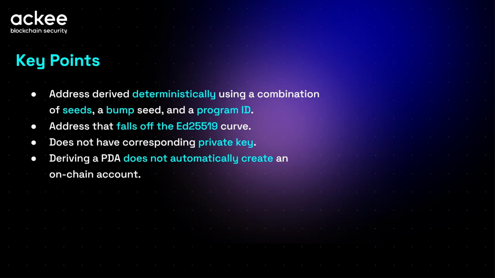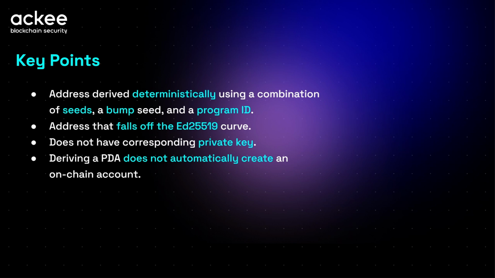So what are the key points you should take from this part? The main idea is that the PDA is an address derived deterministically using a combination of seeds, a bump, and a program ID. So again, if you create the regular key pair, this is just a random private key and its random corresponding public key.